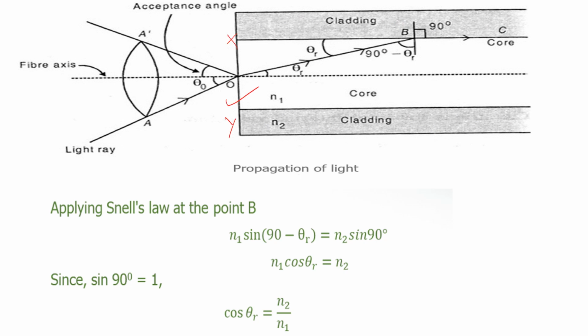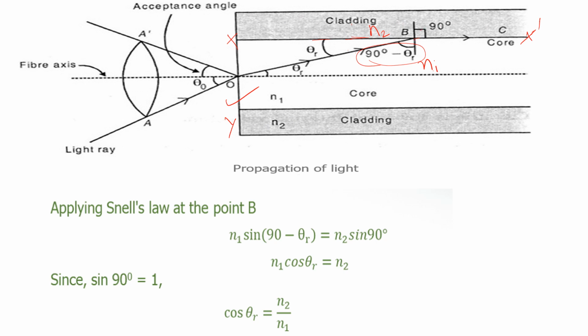Now applying Snell's law at the X dash interface, the core cladding interface. Here n1 is the refractive index of the core, n2 is the refractive index of the cladding. Then the angle of incidence made by the light ray is 90 degree minus theta r. Here the refraction is 90 degree.